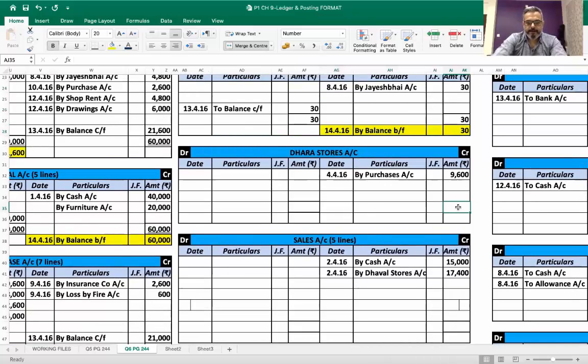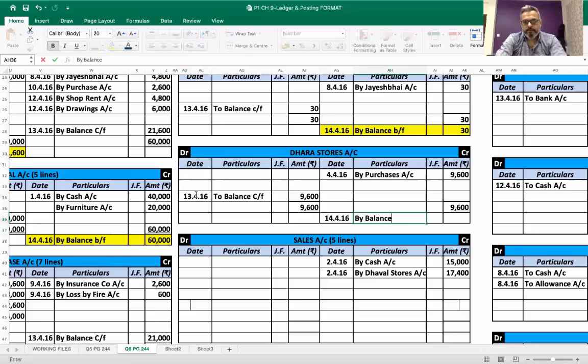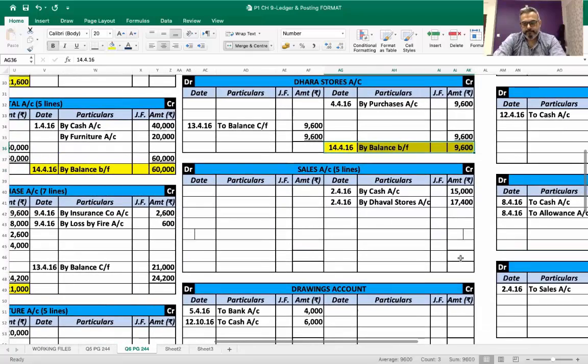Dara Stores 9,600, 9,600 to balance carried forward, by balance brought forward. Sales 32,400, then we write over here.